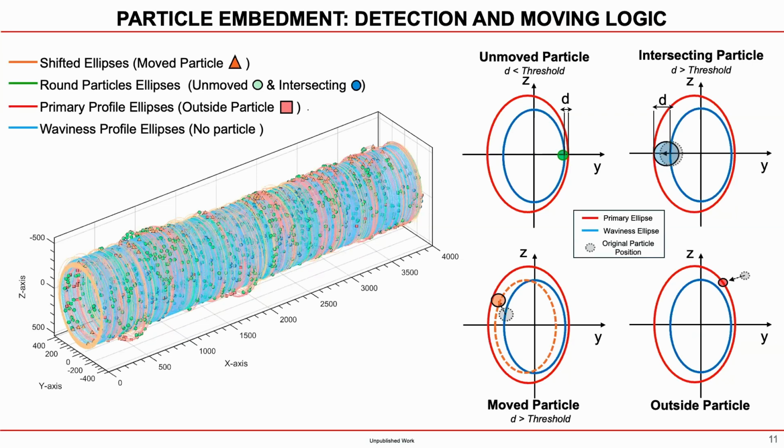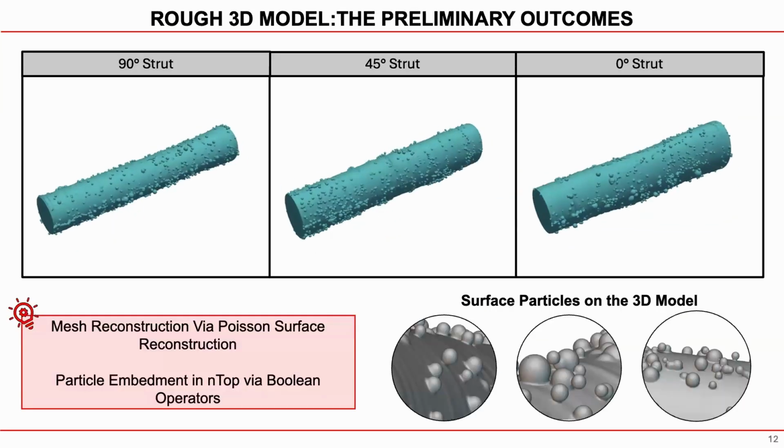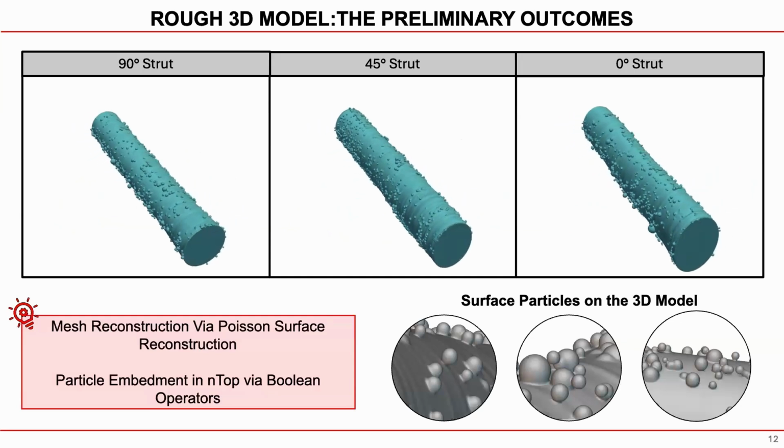At this point, we have three different kinds of ellipses associated to three different kinds of particles. Then we also have a further detection logic for outlier particles, which are particles outside both the waviness and the primary ellipse. In this case, we shift them back to the primary ellipse.